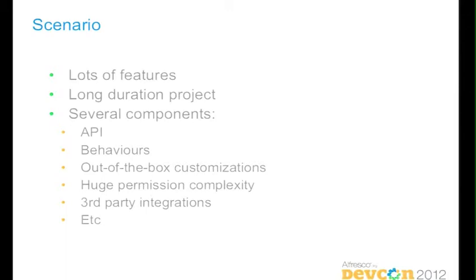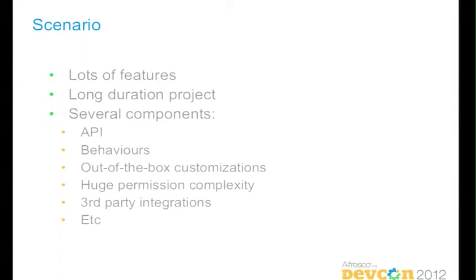The functionality was huge. In fact, we have APIs, behaviors, out-of-the-box customization, permission customization, third-party integration, a lot of stuff that we need to test. As I said, we have, for example, three releases in parallel. So we were testing A, B, and C at the same time. We have a requirement in A, we change it in B, but we revert back in A. So how do you control that?